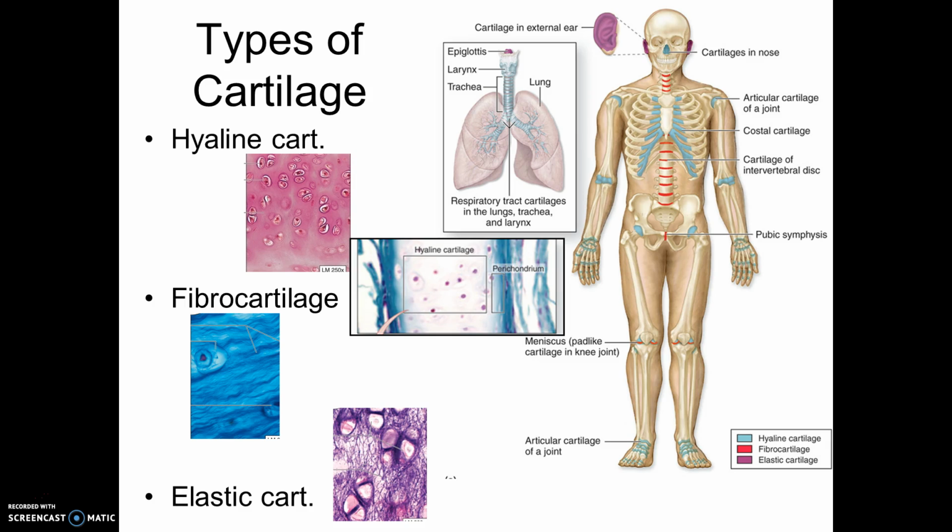Elastic cartilage does have a perichondrium, and we find elastic cartilage in the auricle of the ear and over here in the epiglottis. This little inset shows us where the epiglottis is. The epiglottis has to cover the opening to the larynx when we swallow so that food is guided into the esophagus. So the epiglottis has to have that ability to conform to the shape of the larynx and then return to its original shape.